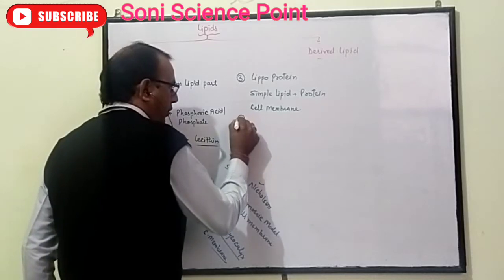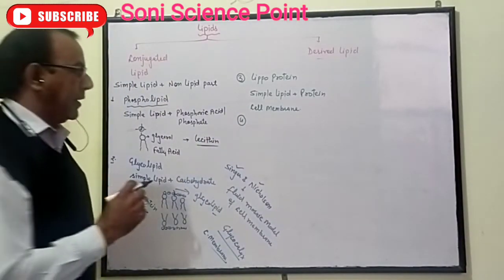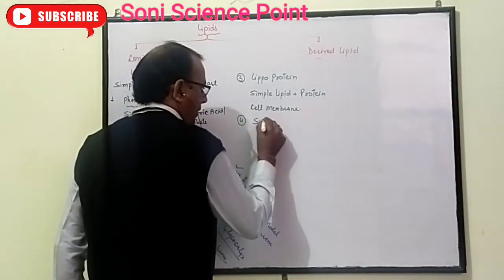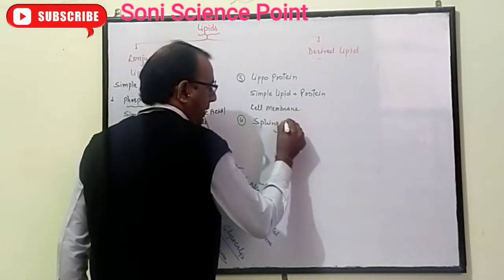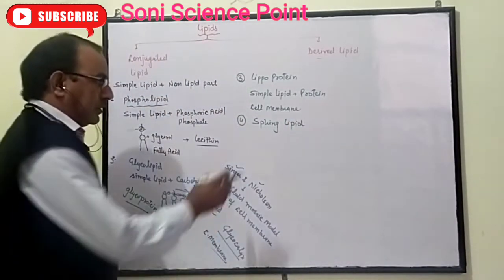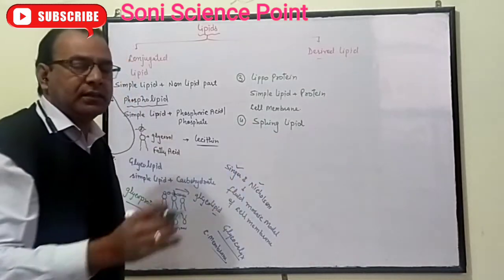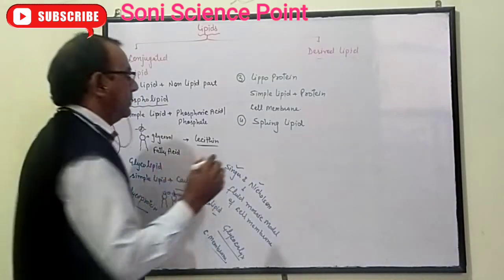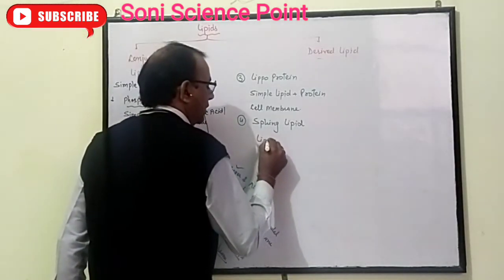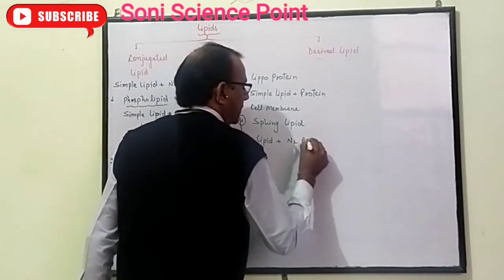One more type of conjugated lipid is sphingolipid. This is the lipid in which lipid is attached with a nitrogen base on the other side. It means it is the combination of lipid plus nitrogen base.